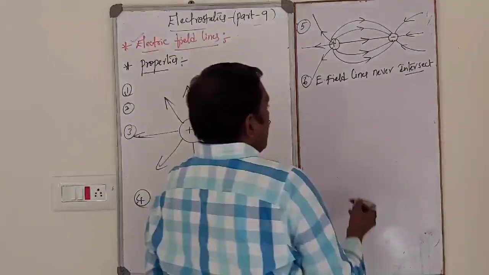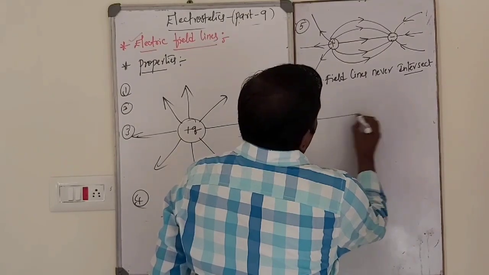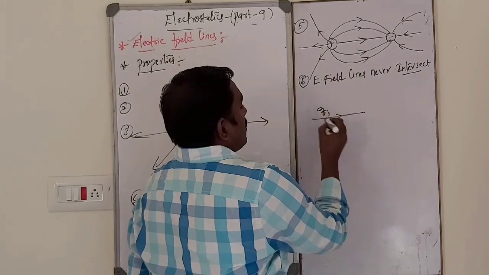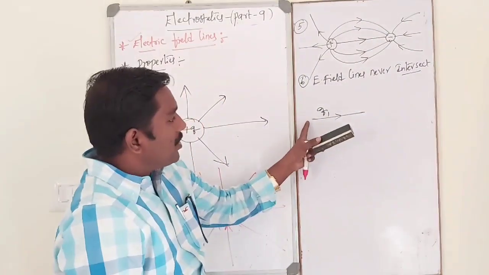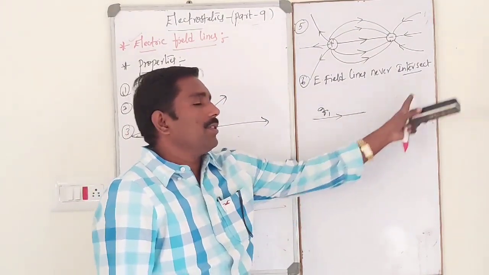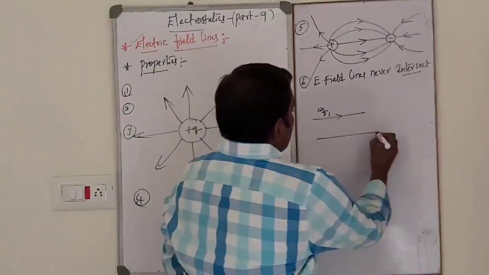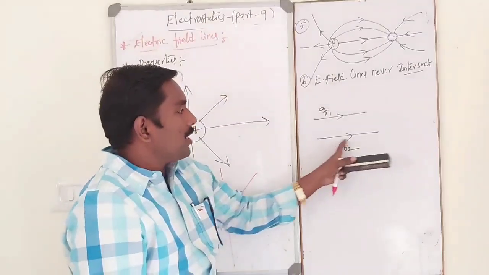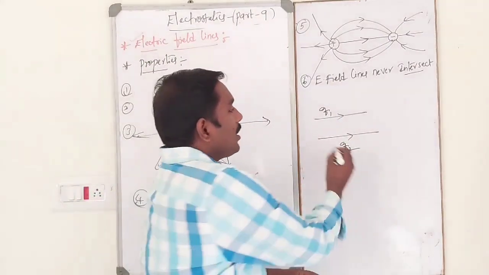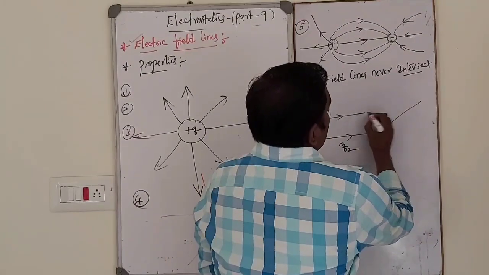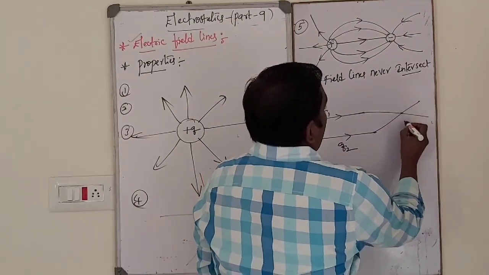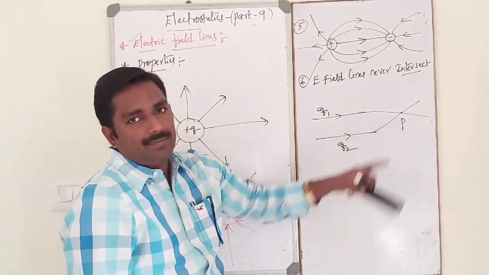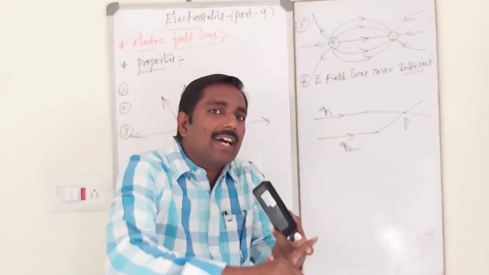Suppose this is one electric field line, and the Q1 charge flows in this region. Similarly, this is the Q2 charge flow. Q2 charge is moving, Q1 charge is moving. These two lines are crossed like this. This is the point of intersection, like P. Suppose two electric field lines intersect.